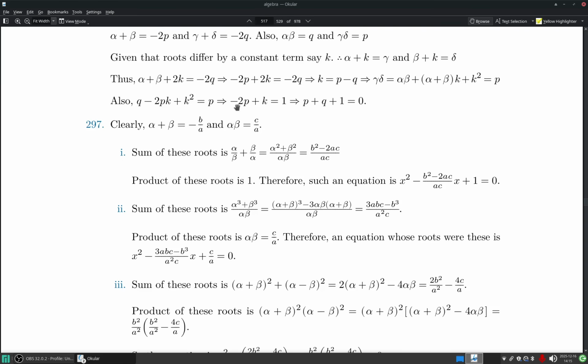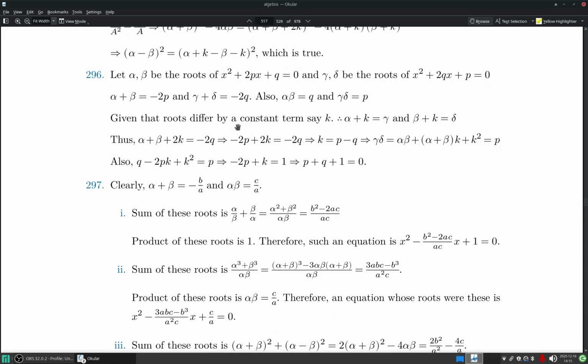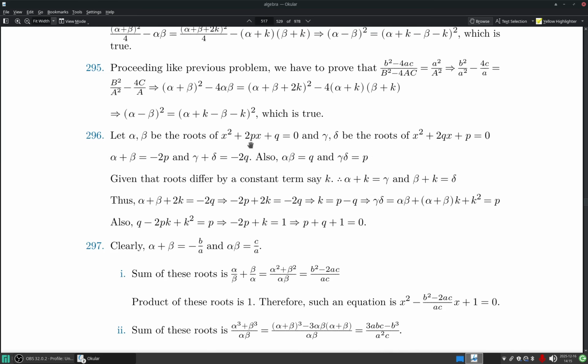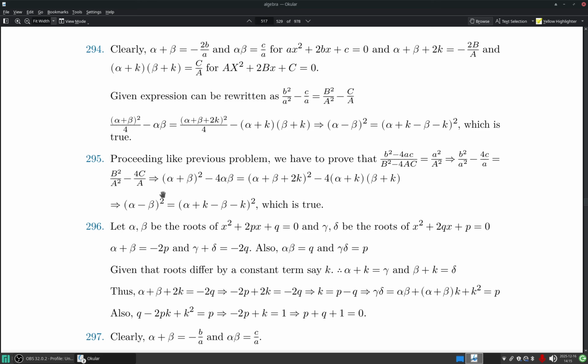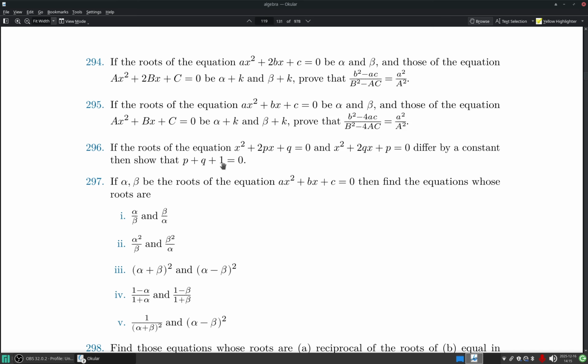So we proceed like the previous problem. So again we do the same thing, we have the same result and it's almost the same question. So you can look at the solution of 295, and if you have questions, let me know.